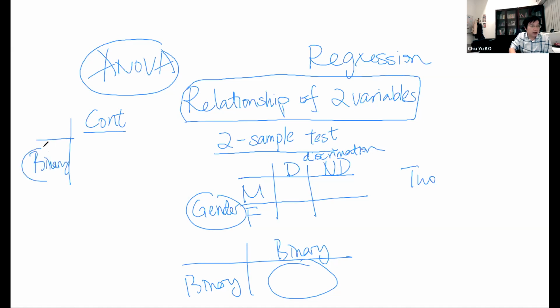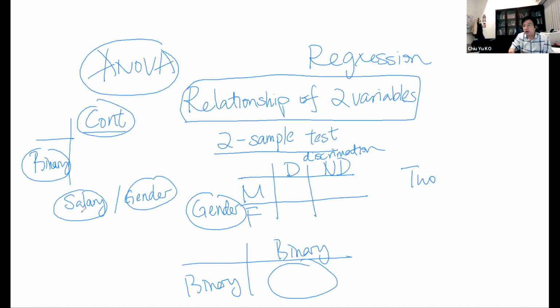Okay, how they're related. You can imagine that it is salary and gender. Salary is continuous, gender is discrete, right? You want to see whether income or salary is different by male or female. Whether there's a gender discrimination, okay?